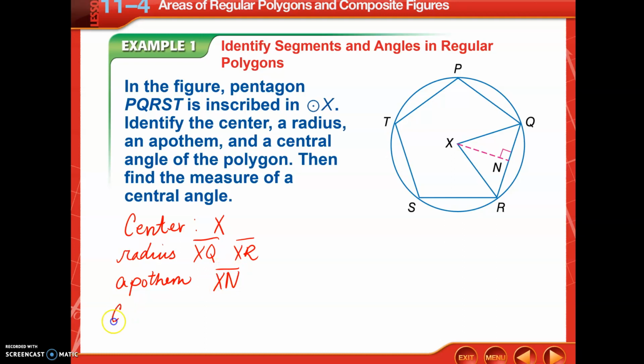And the central angle is going to be 360 divided by 5 because it has 5 sides. So 72 degrees.